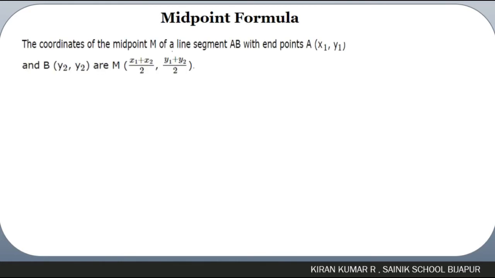The coordinates of the midpoint M of the line segment AB with coordinates A (x1, y1) and B (x2, y2) is given by (x1 plus x2) by 2, (y1 plus y2) by 2.